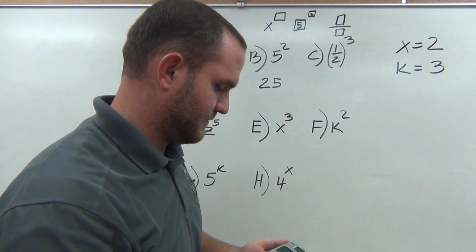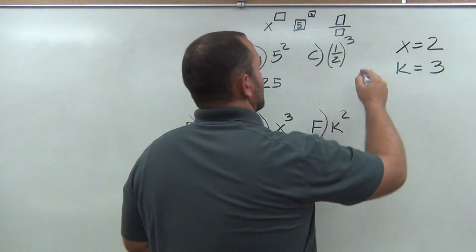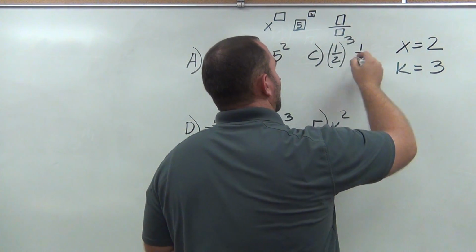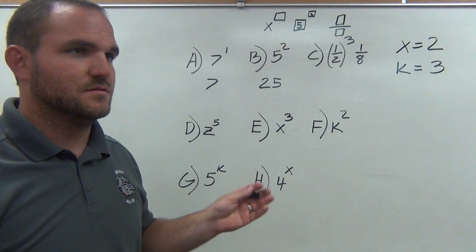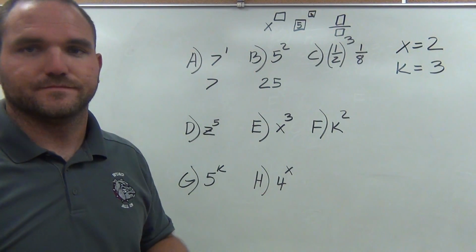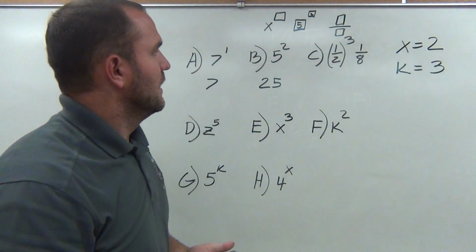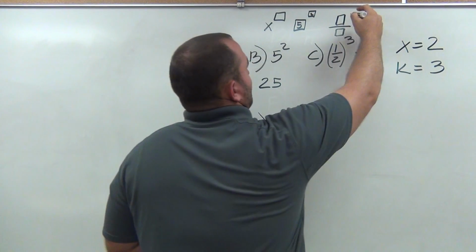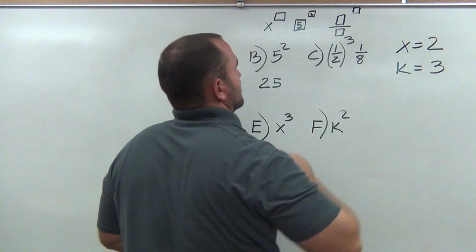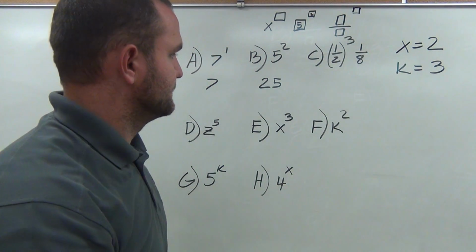Plug that in right there. Is 1/8. So that's 2 times 2 times 2. So 1/8 would be your answer there. And remember, it should look something like that if you're using your calculator.